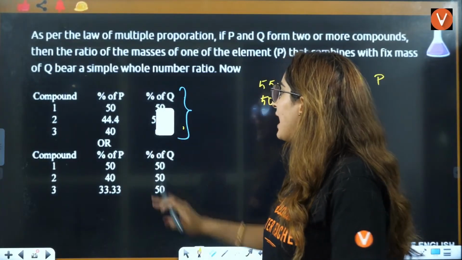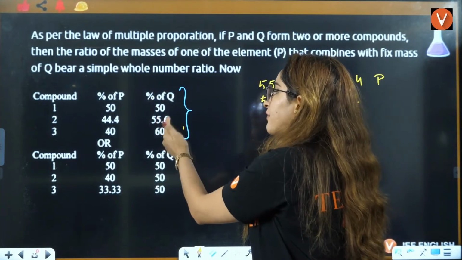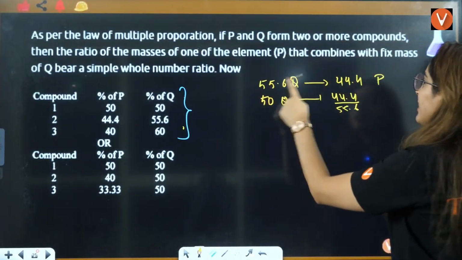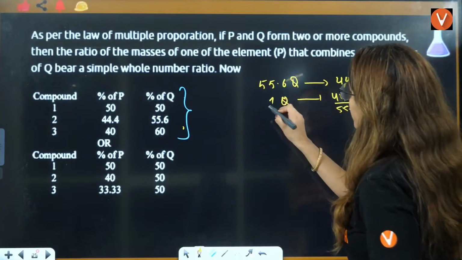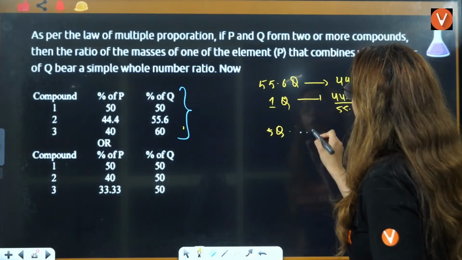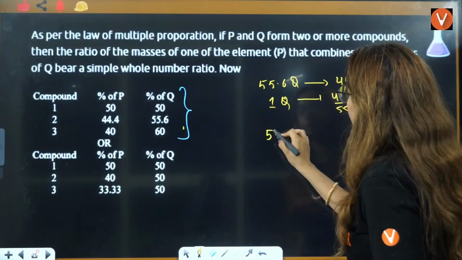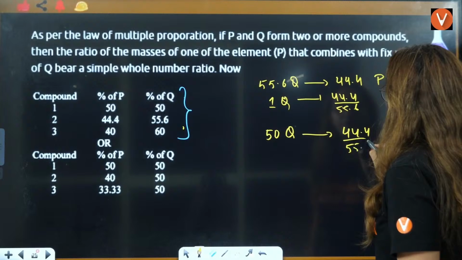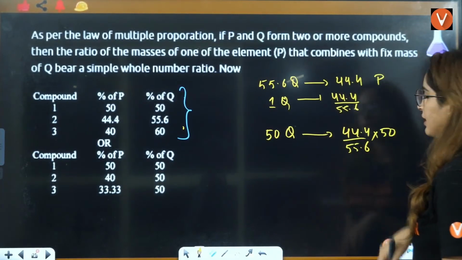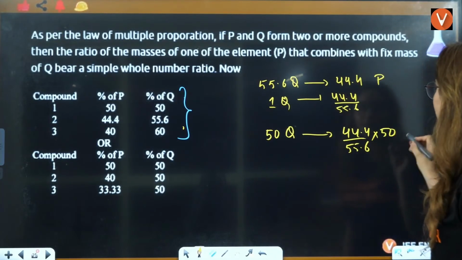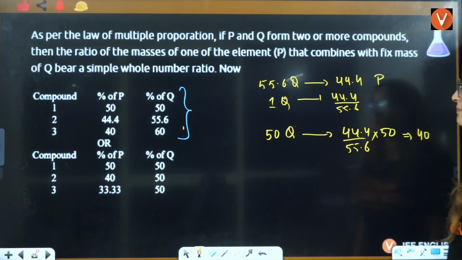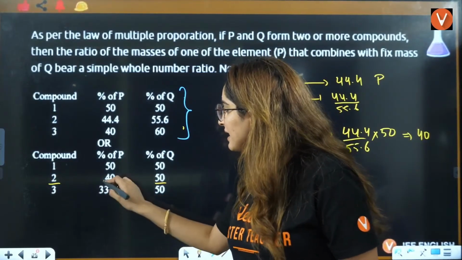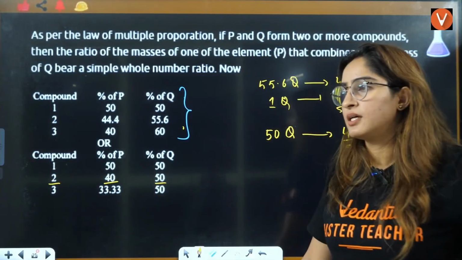So if the percentage of Q is 55.6, then the percentage of P is 44.4. For 1, I'll just write 1 only, otherwise you will get confused. For 50 percentage of Q, it will be 44.4 divided by 55.6 multiplied by 50, right? And when you solve this, the answer will come out to be 40. That means if Q is 50 here in the second compound, then P will be 40, right?